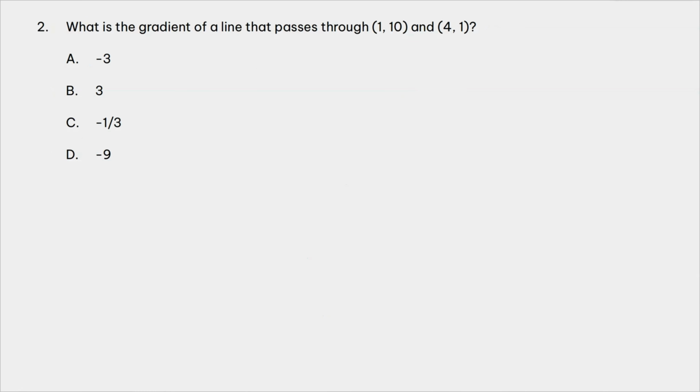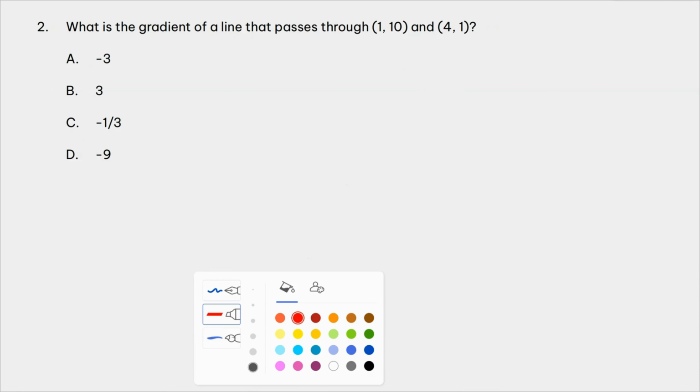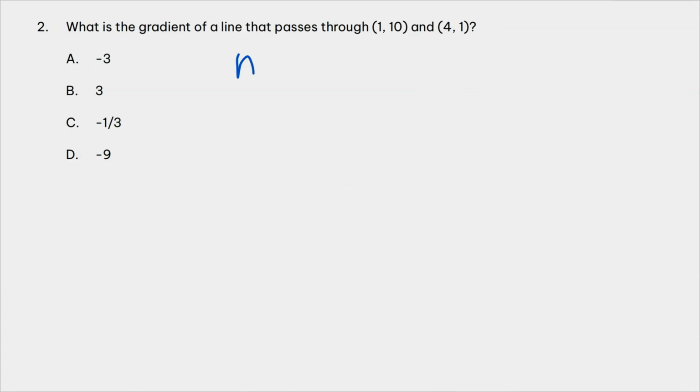What's the gradient of a line that passes through (1, 10) and (4, 1)? The formula for gradient is very simple. For gradient m, we have to find the vertical change, which is y2 minus y1, over the horizontal change, which is x2 minus x1.